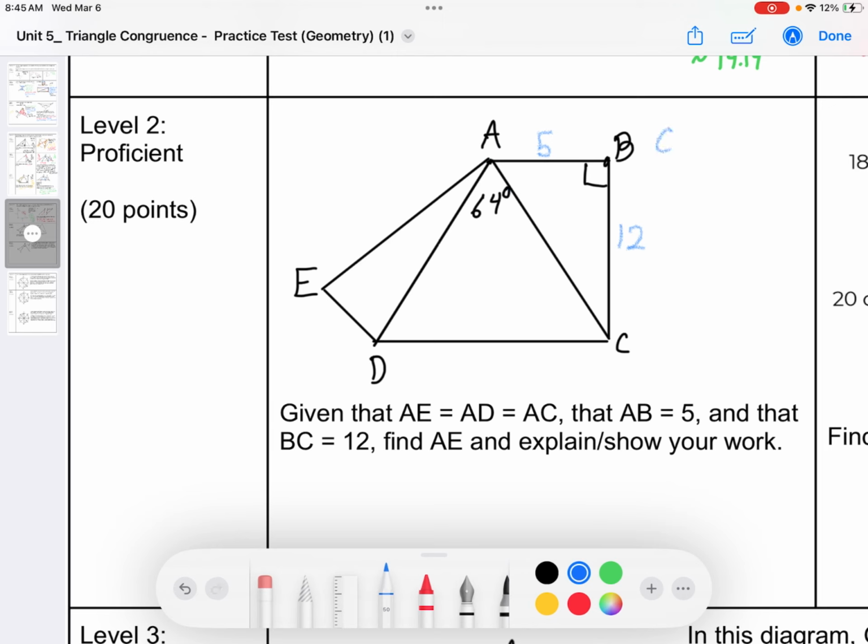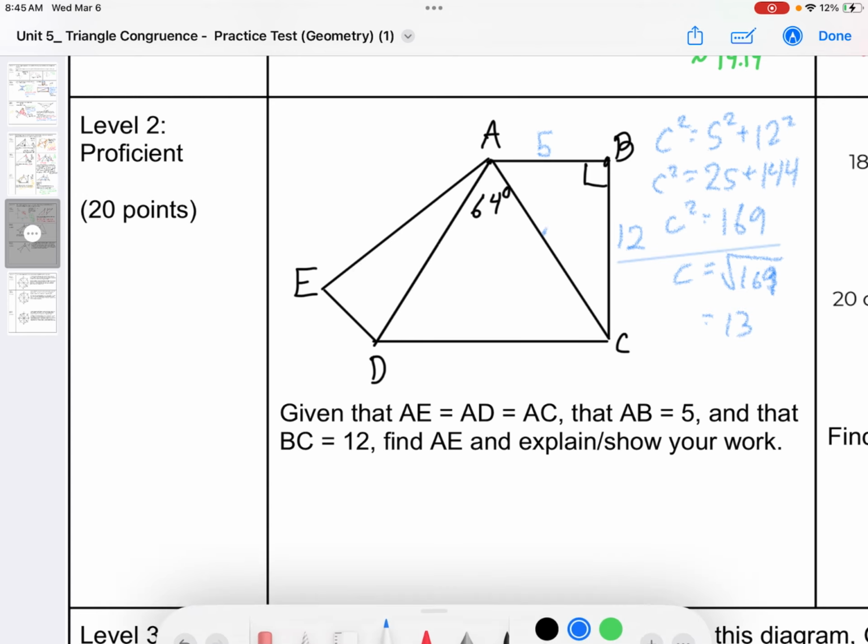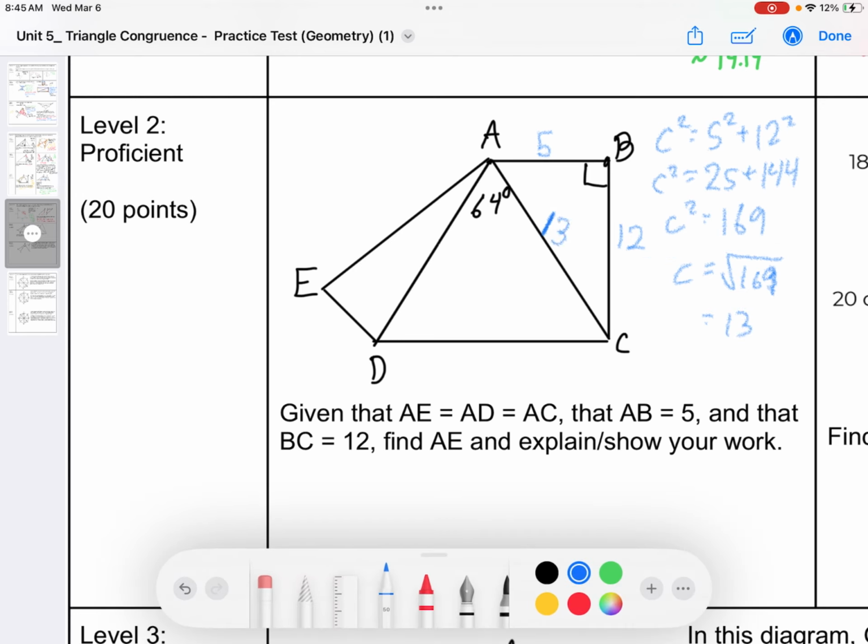So c squared is going to be 5 squared plus 12 squared, or 25 plus 144, which means c squared is 169. If c squared is 169, then c is the square root of 169, which is 13. That means that this length is 13 by the Pythagorean theorem.